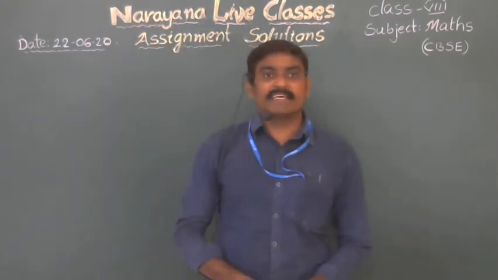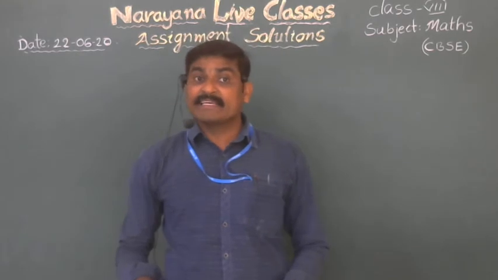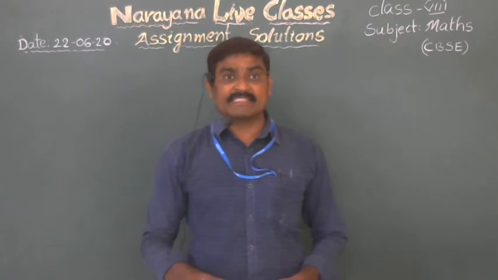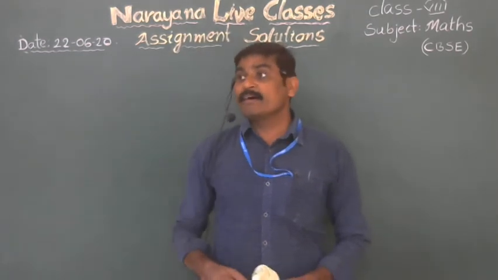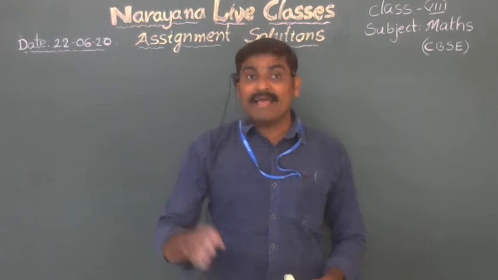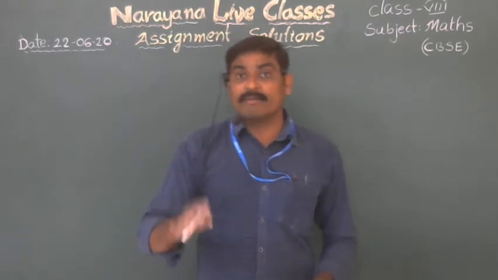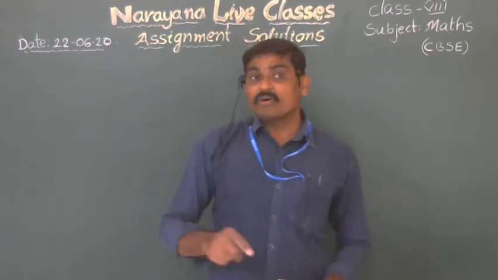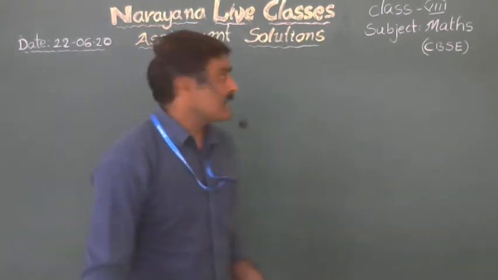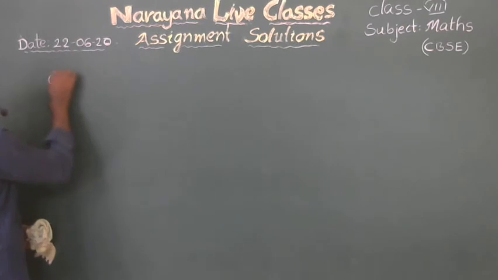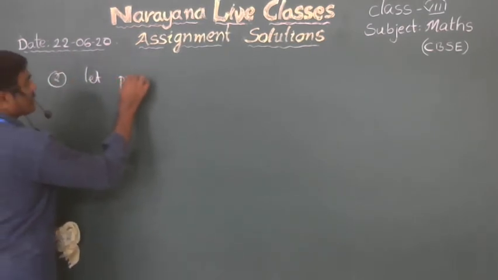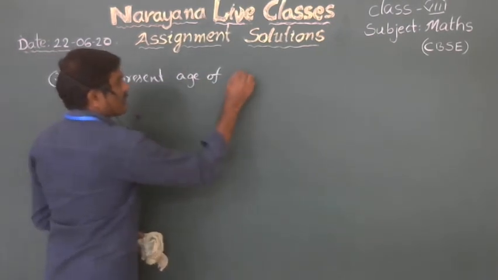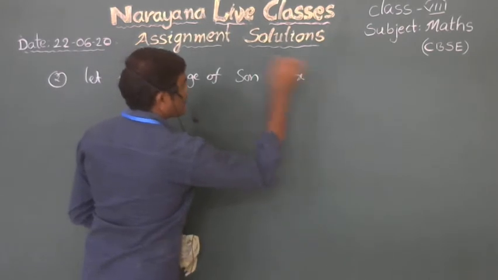Now the second question is, Aman's age is 3 times his son's age. 10 years ago he was 5 times his son's age. Find the present ages. Here there are two persons, Aman and his son. Let the present age of son be x years.